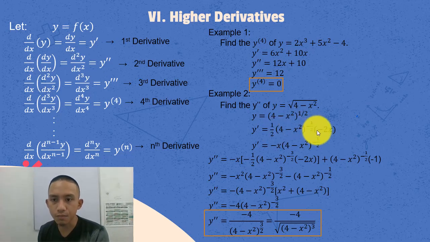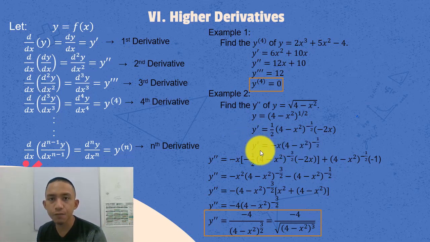You have there negative 2. If I multiply it with 1/2, the 2 and 2 will cancel. You are left with negative 1, together with x, multiplied by that quantity raised to negative 1/2. So that is the first derivative.